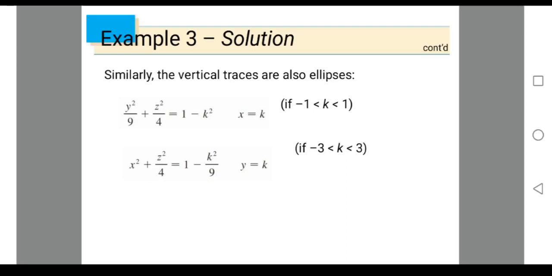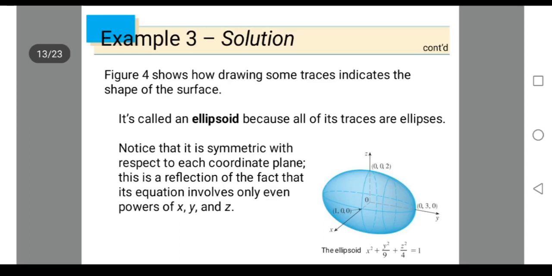Our k has to be greater than -1 and less than 1. So x is equal to k, and over here y is equal to k, and we will have k between -3 and 3, right? In this way we will try to plot these three values over here.